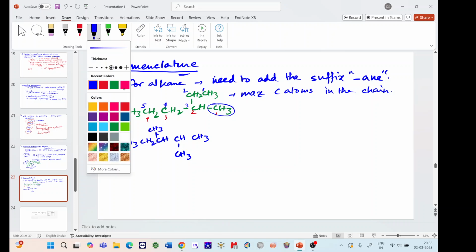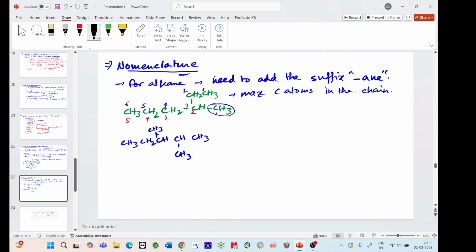Now if I number it from that side, 1, 2, 3, 4, 5, it is not correct because the first substituent is coming at the 3 position.